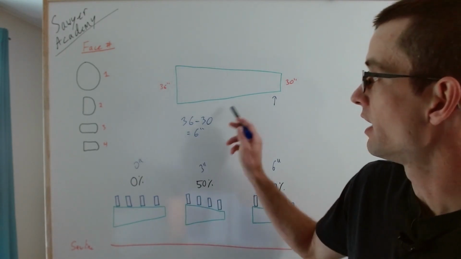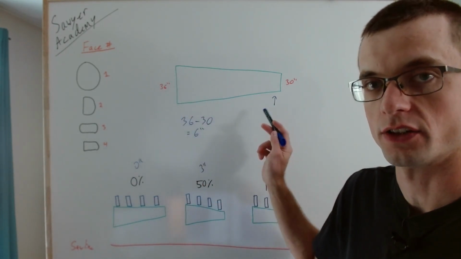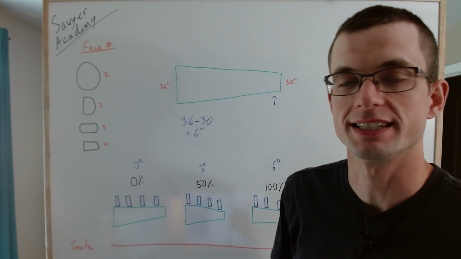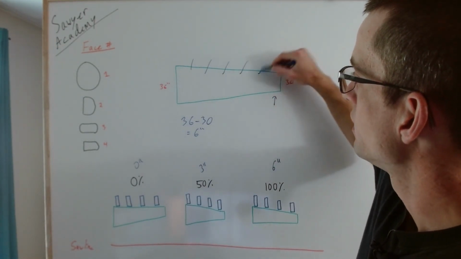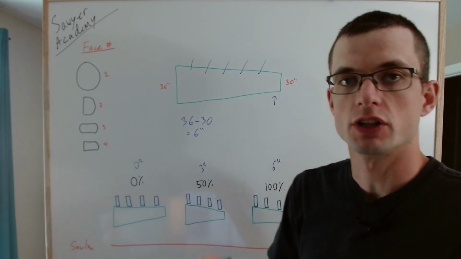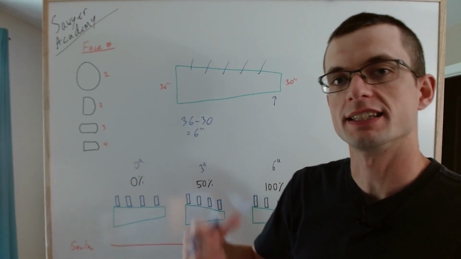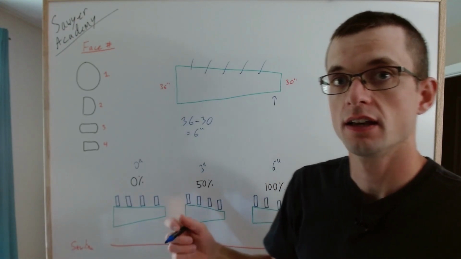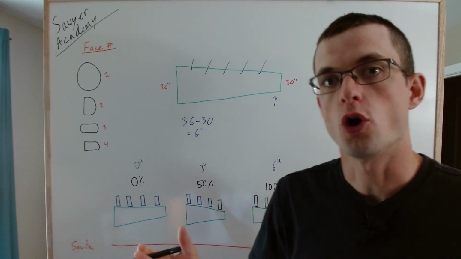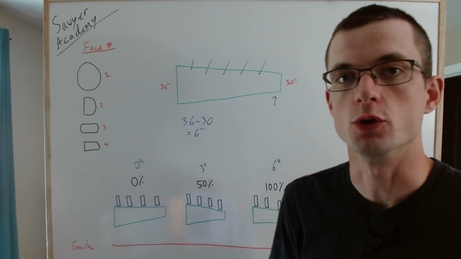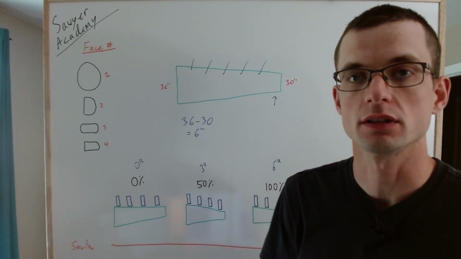So let's say this log is 36 and 30 inches, and approximately 16 feet long. Off this face, we had a bunch of limbs, a bunch of knots, gnarls. We can see that that face isn't very nice, but this opposite face has maybe very few knots or very few limbs and no gnarls.